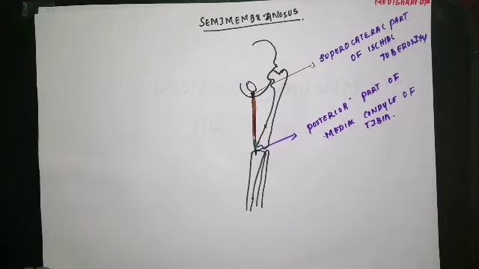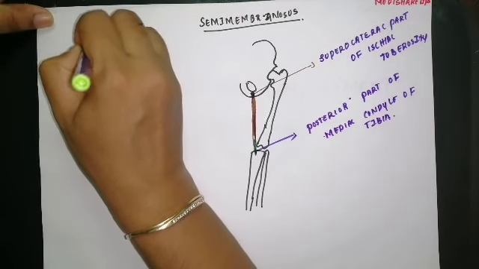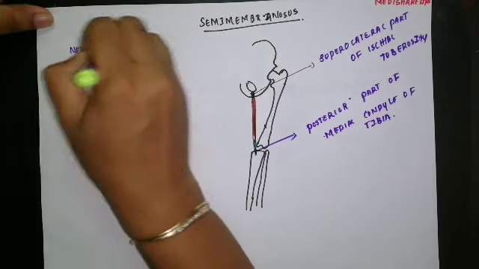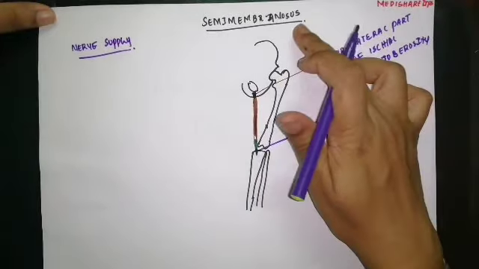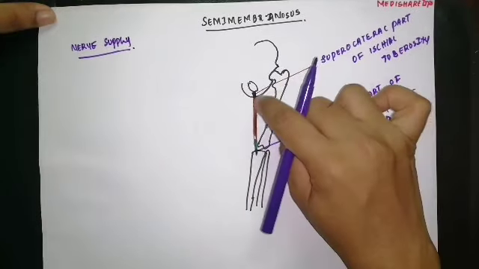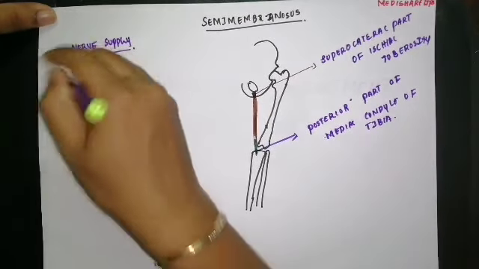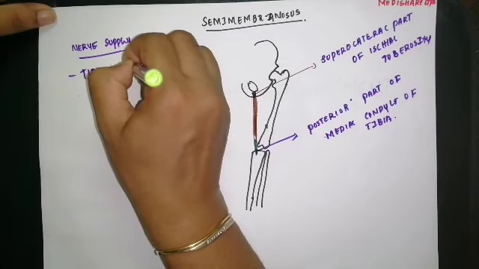So that's all about the origin and insertion. Then what is the nerve supply? The muscle is called semimembranosus because it has got a flat tendon of origin. Now the nerve supply, we have said that hamstring muscles are supplied by the tibial part of the sciatic nerve.